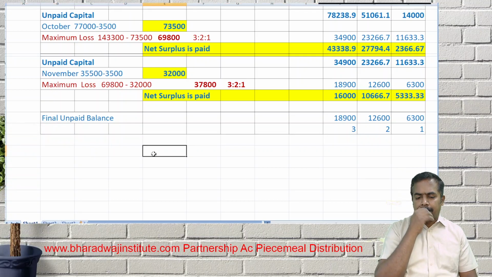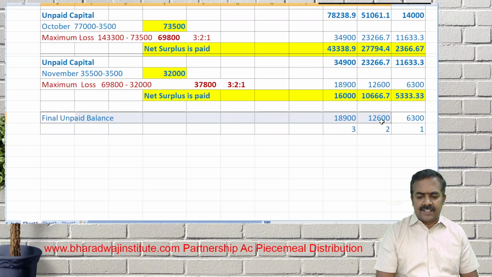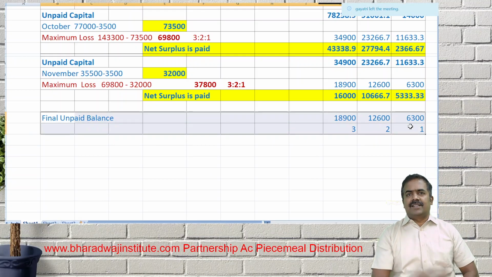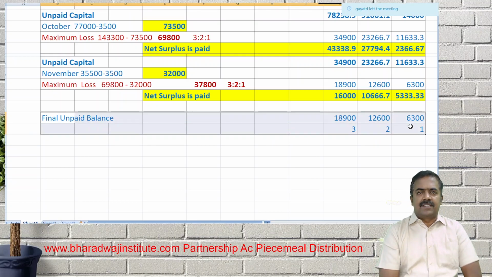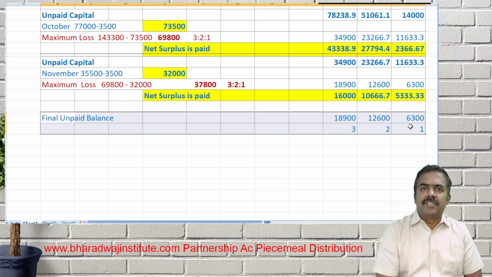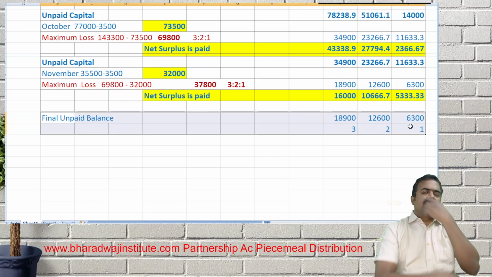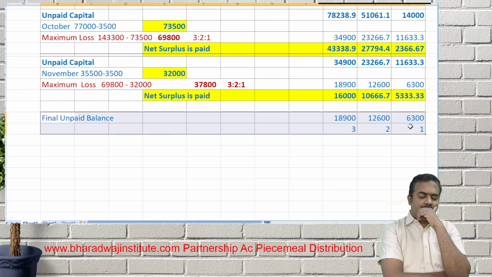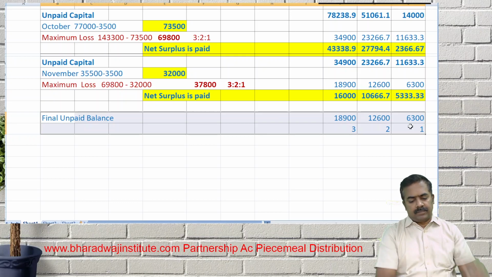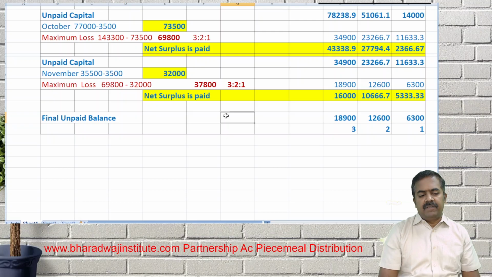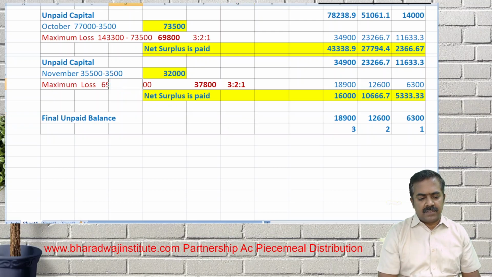Not a new one. Last class we practiced it. We have just practiced, just to recollect, which method? Maximum loss method. Every stage we work out the maximum loss.